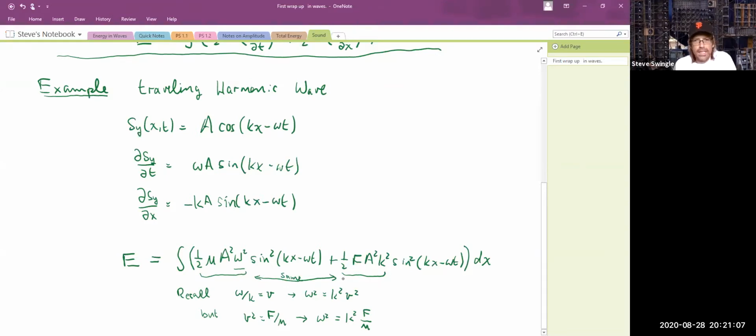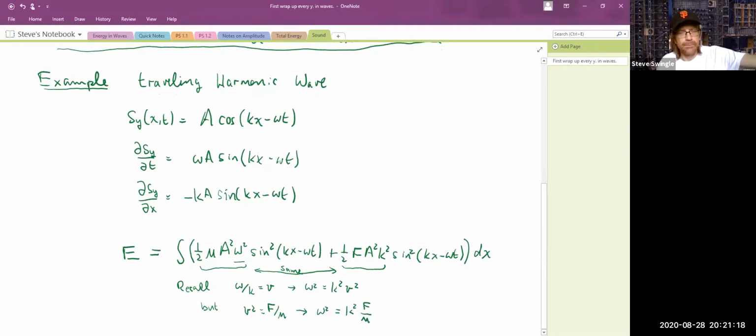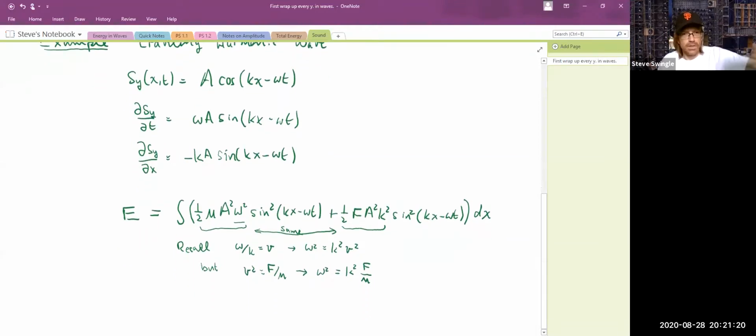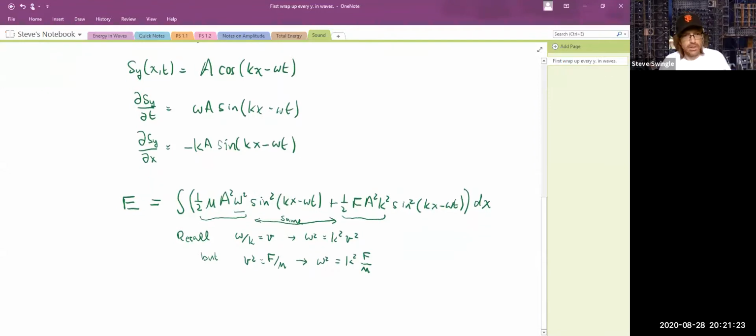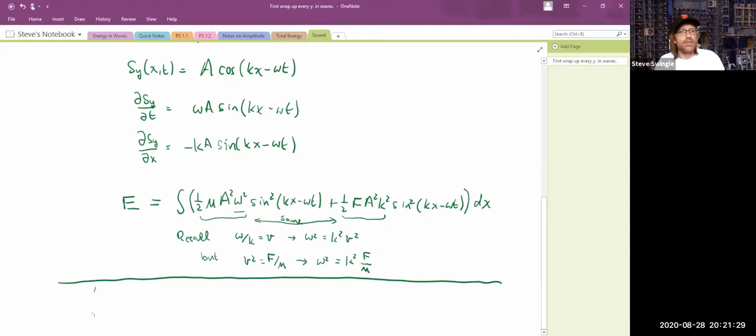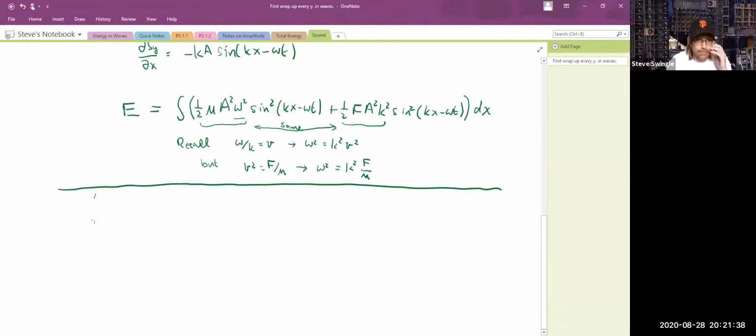So if those are the same, then I could just combine the terms because they both have this sine squared stuff. Does that make sense? So the kinetic energy and the potential energy are equal at all points on the string. It really amounts to just choosing to calculate one or the other.